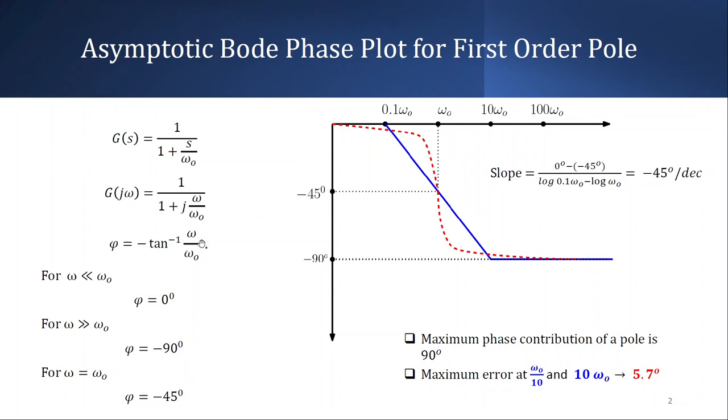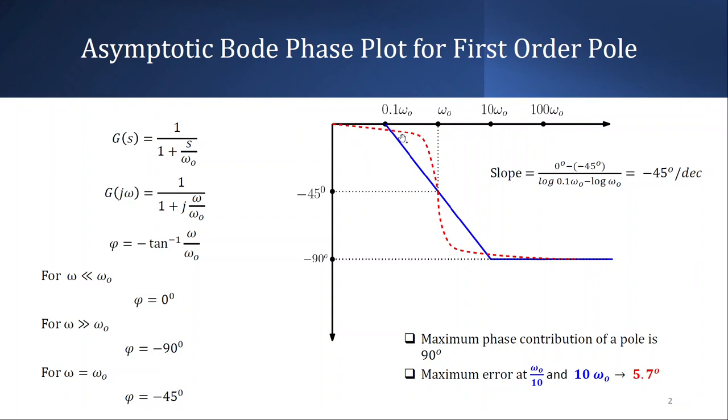So tan inverse of 10, if you find, you will see that it is around 89 point something. So we approximate that to minus 90, and we say that the effect of the pole lasts from 0.1 to 10, and after 10 times that corner frequency, the phase remains fixed at minus 90 degrees.